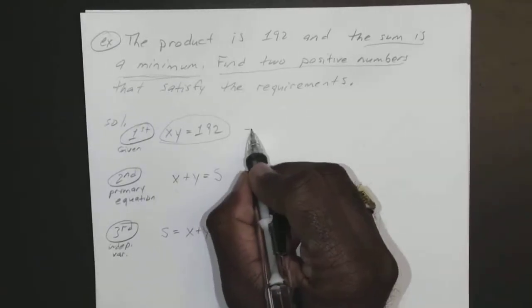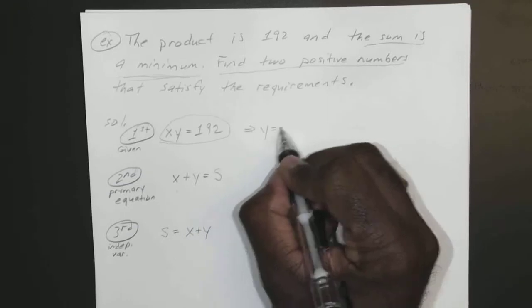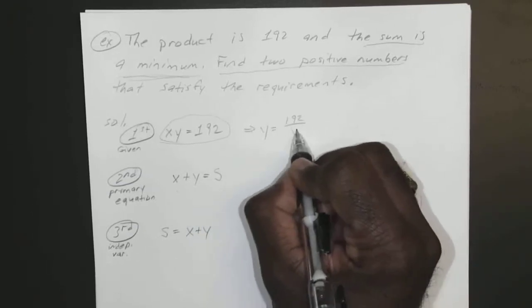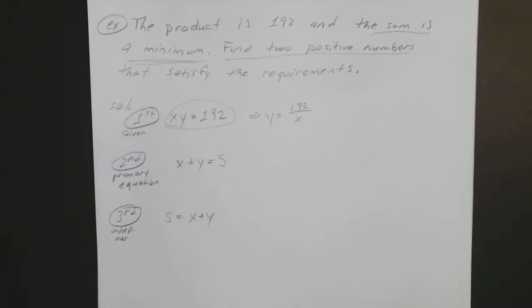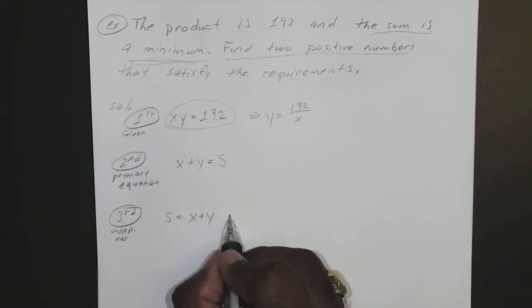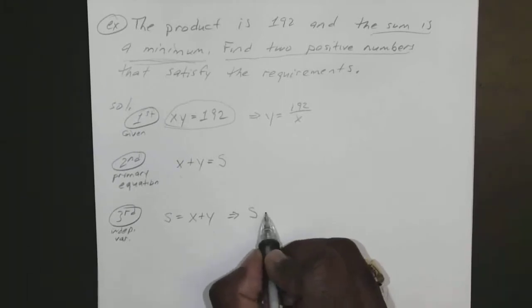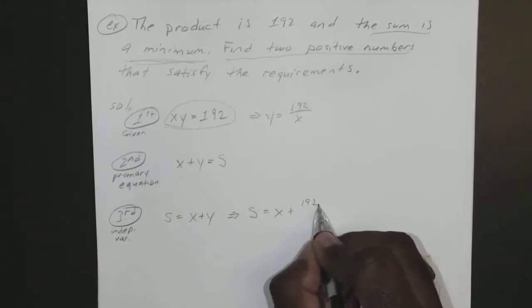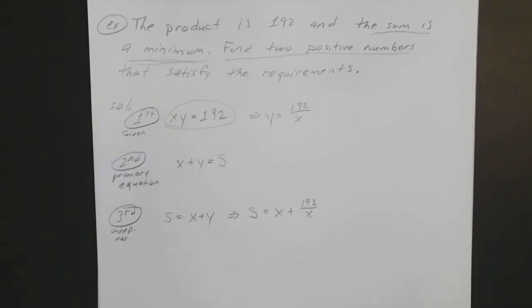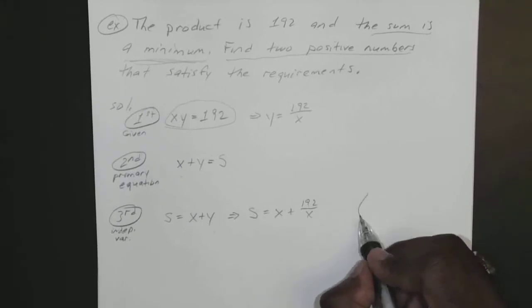Which means if we wanted to, we can make that y equals 192 over x. So instead of having two independent variables, we can make this S equals x plus 192 over x. Okay, so x is our independent variable.